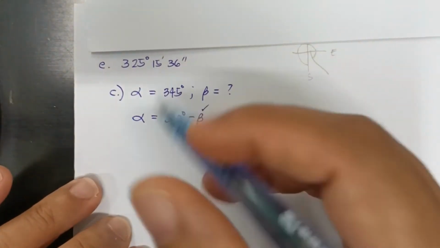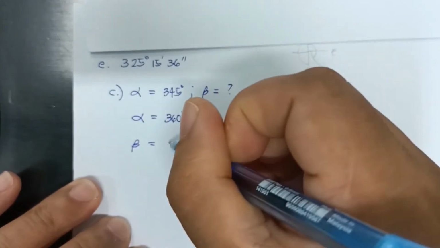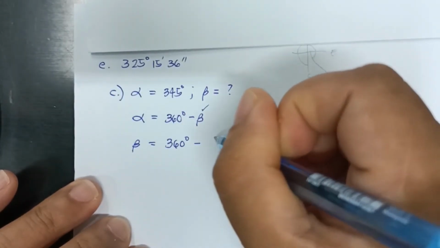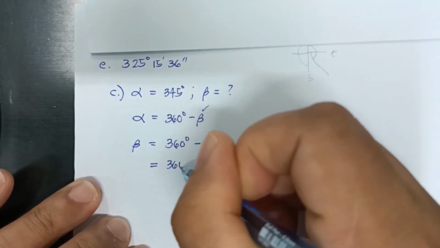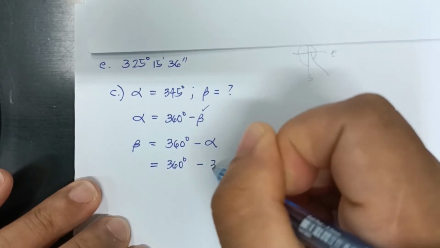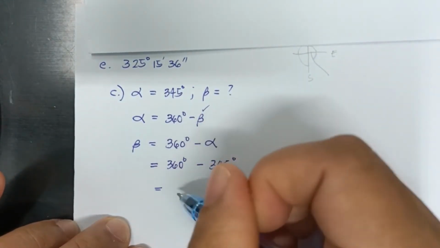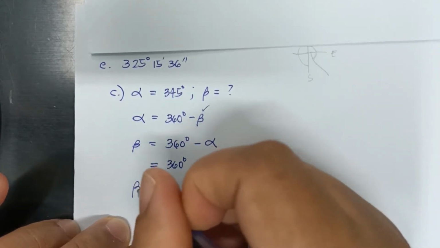Beta is equal to, transposed, 360 degrees minus the alpha. Substitute the values: 360 minus 345 degrees will give you 15 degrees. That is your beta.